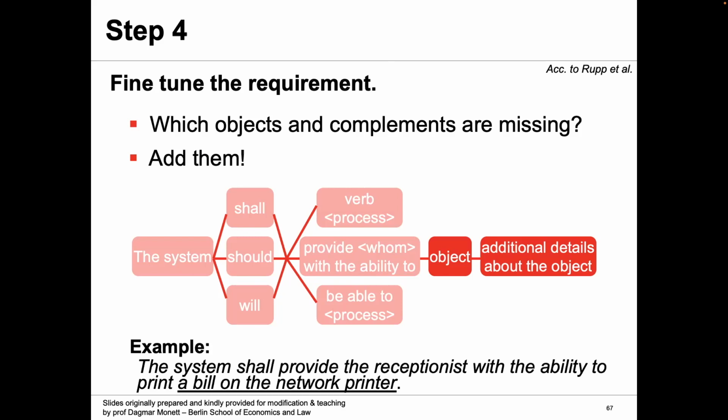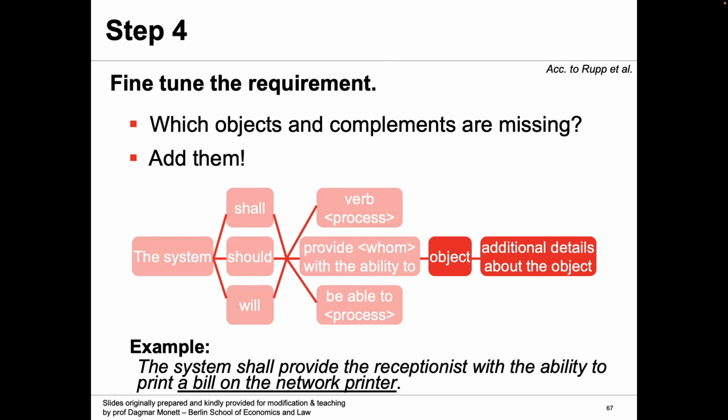The example is: the system shall provide the receptionist with the ability to print a bill on the network printer. So simple as it is, an object has been put with a verb. The system is going to provide the receptionist with the ability to print a bill.